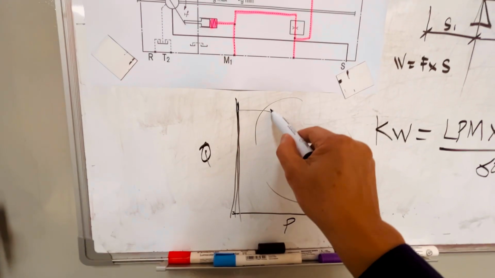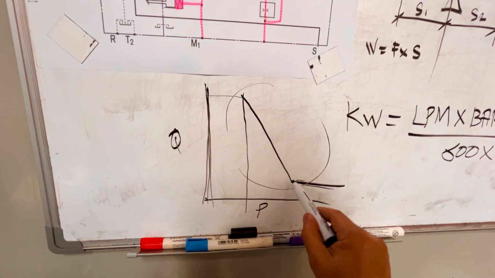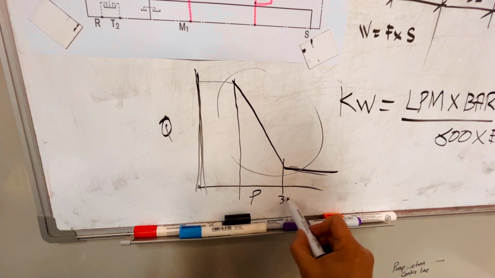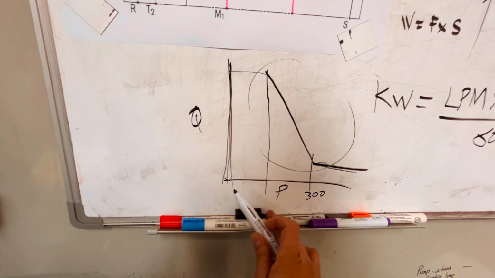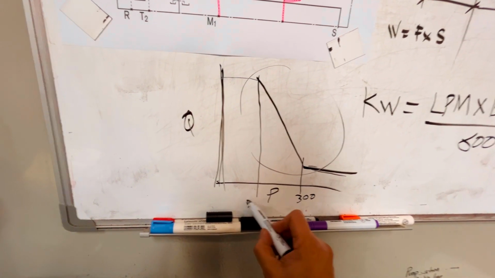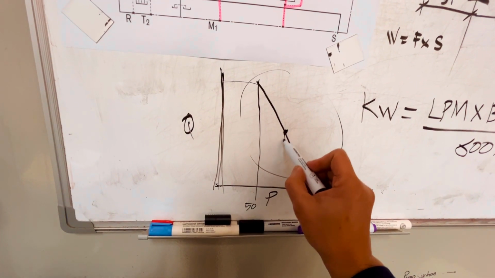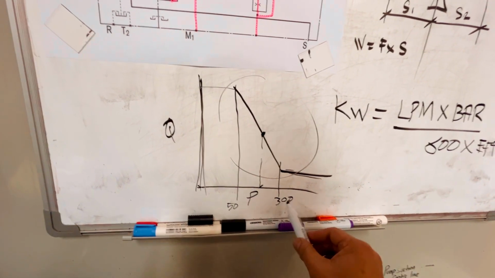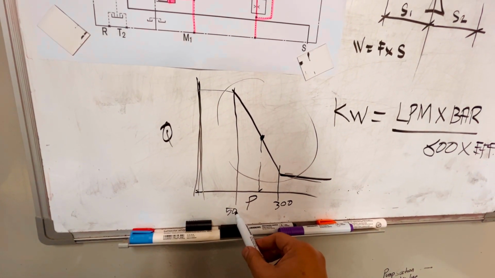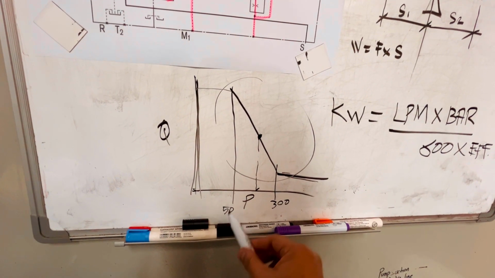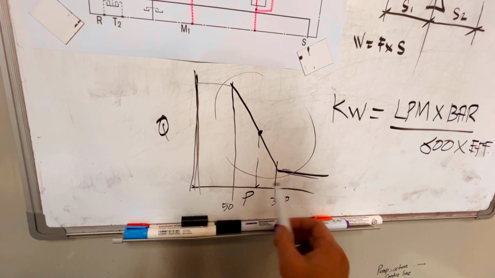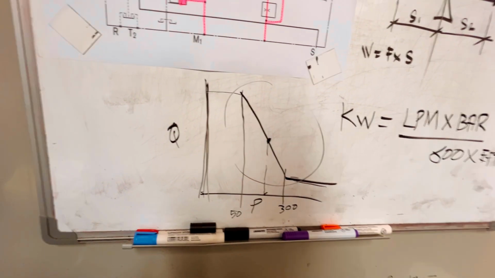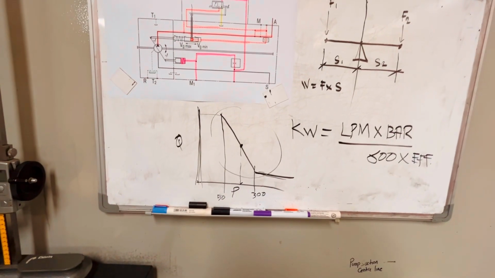I taught this already, guys. Let's say you have 300 here and 50 here, and you set whatever at the center here. So 300 minus 50 is 250, then you divide by 2, and then you add the 50.